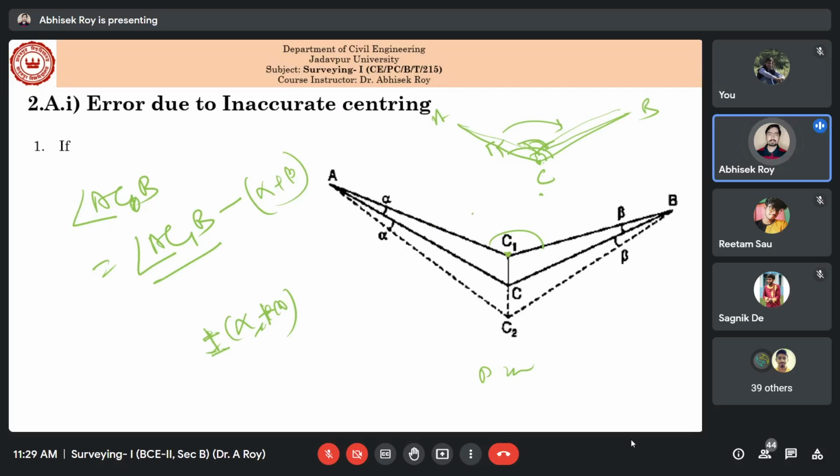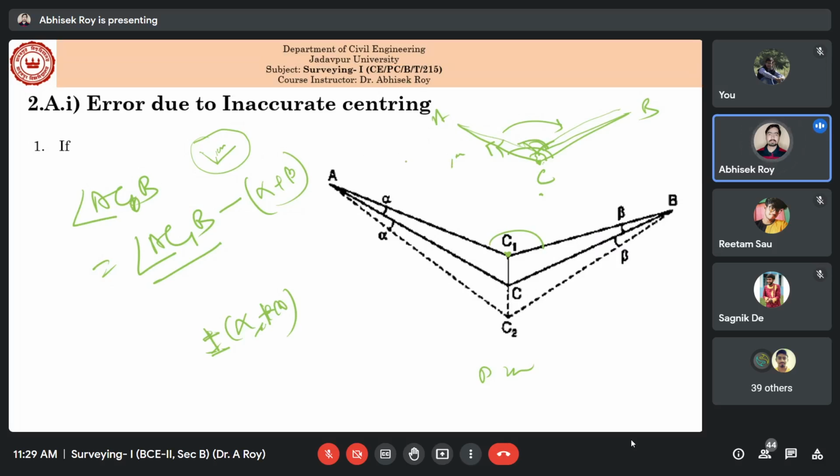Now this sort of error will be very problematic when you are doing a survey for a very little part. Okay, because for doing a very little part survey, if you are making an error in the centering of 1 centimeter, even that will cause some error.